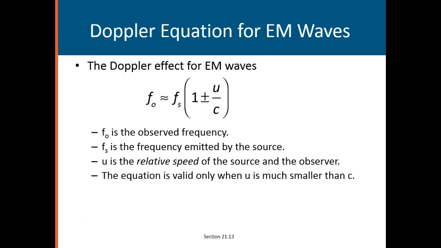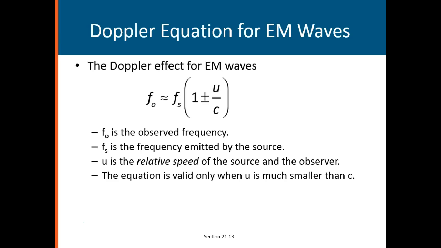Here's the Doppler equation for electromagnetic radiation. f_o is the observed frequency that you are sensing. f_s is the actual emitted source frequency, and that's times 1 plus or minus u over c, where u is the relative speed of the source and the observer, and the equation is valid only when u is much smaller than c.